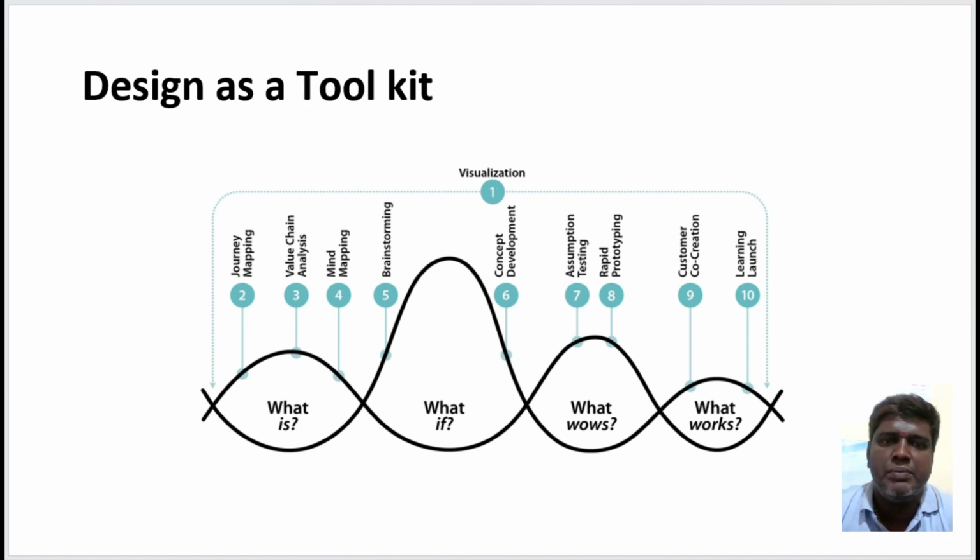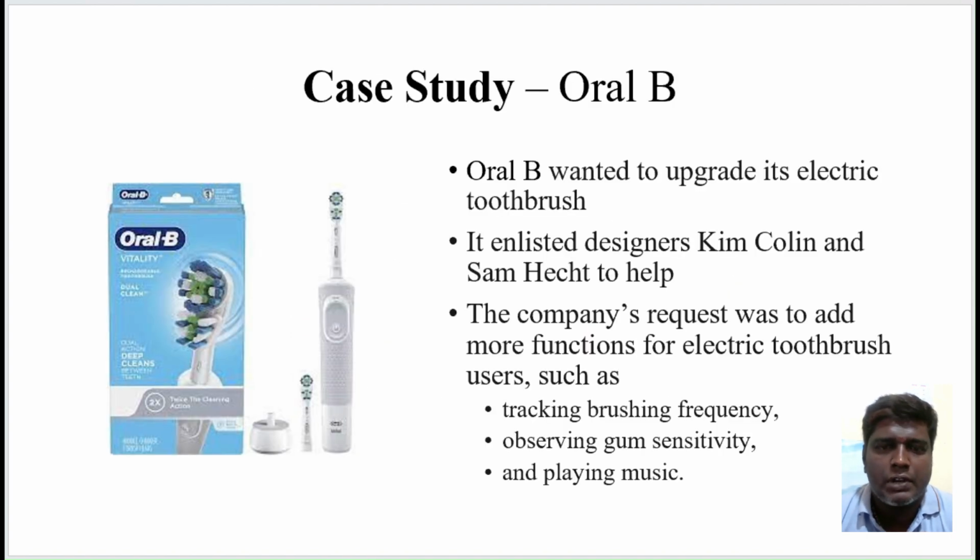And now this is a simple case study which I have collected. Oral-B is very famous for toothbrushes. When they tried to move their brush model to an electric toothbrush, that is a chargeable toothbrush, there were a lot of suggestions to add extra features to it, like tracking brushing frequency, sensing when the brushing becomes too hard and giving a detailed analysis, or even playing music.